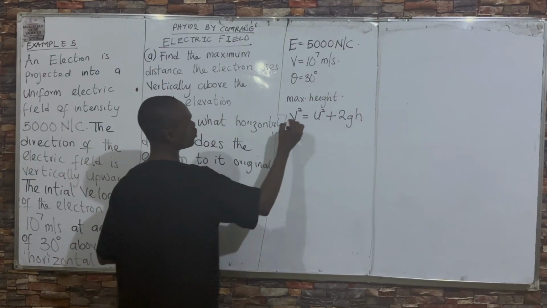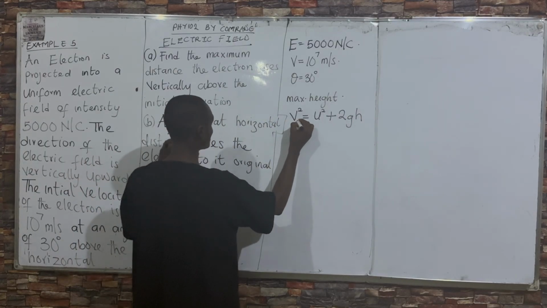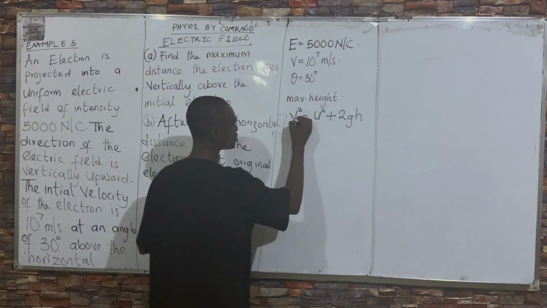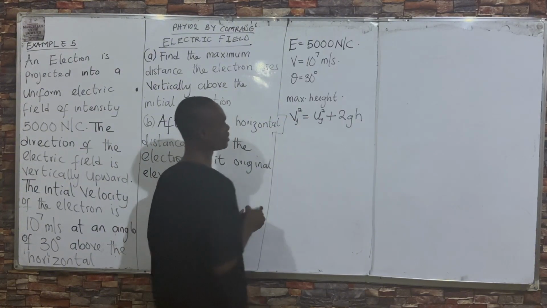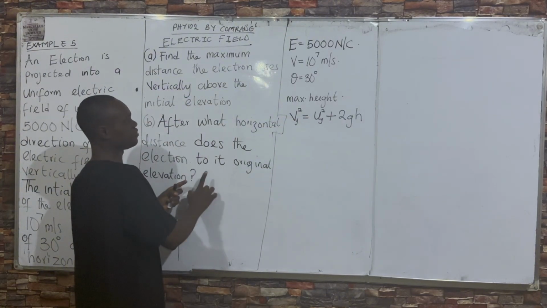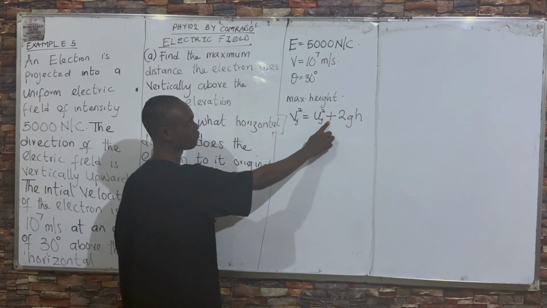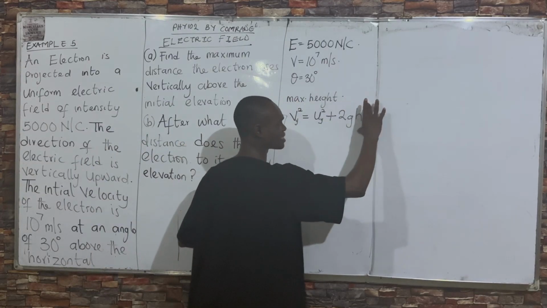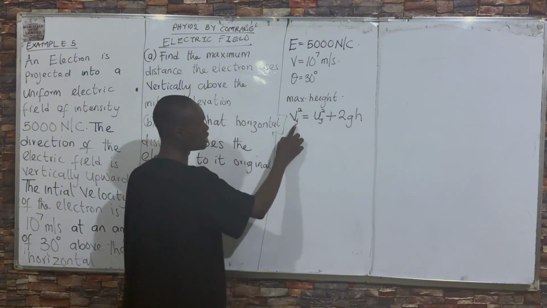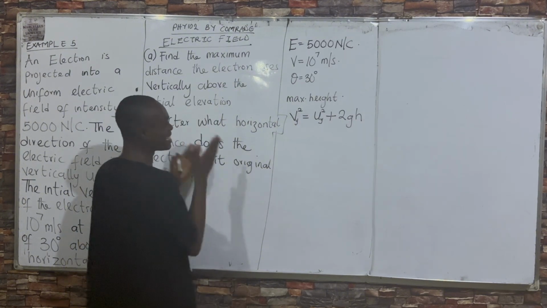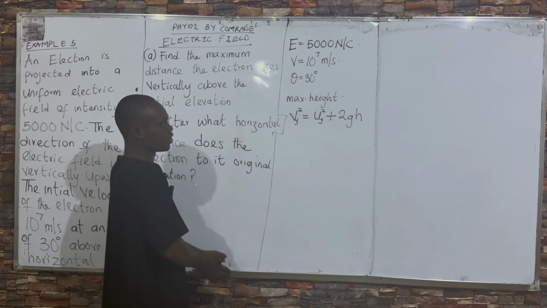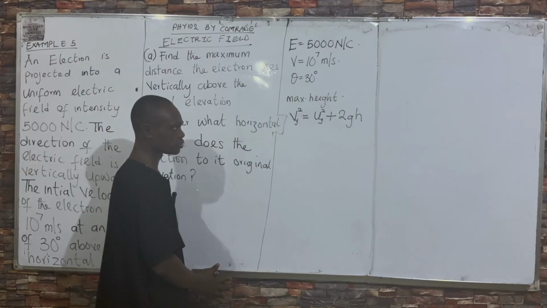Because it is maximum height and there are two kinds of motion, we are using y and y, and because it is vertically upward, we are using plus here. This is motion under gravity, but we are using y to indicate that we are talking about the vertical motion.